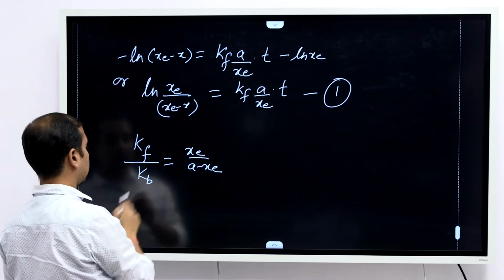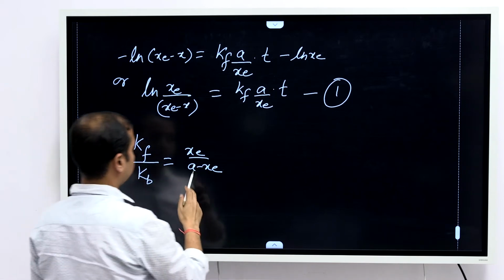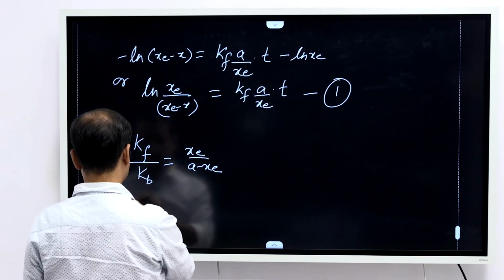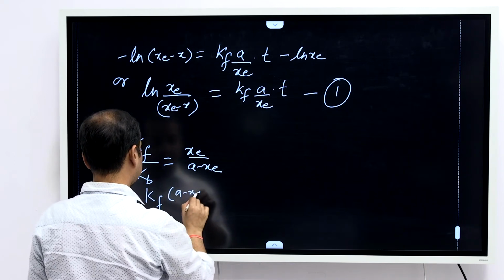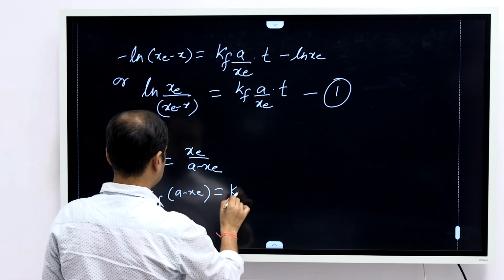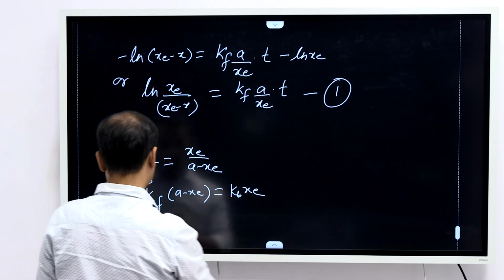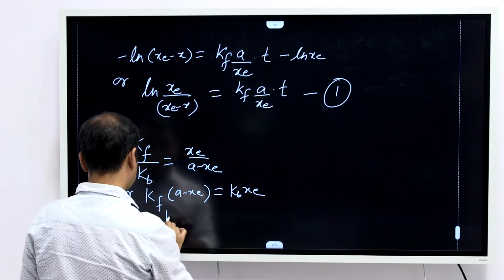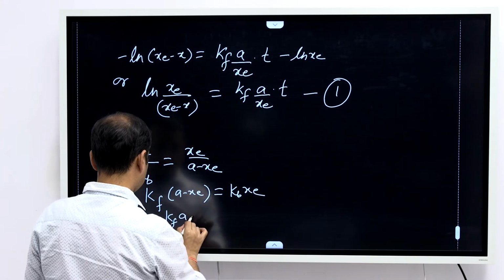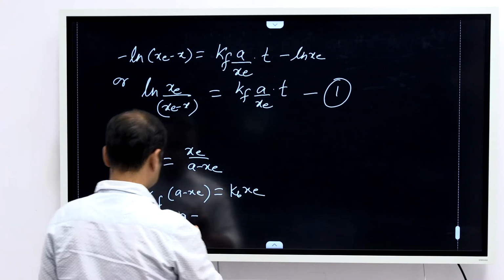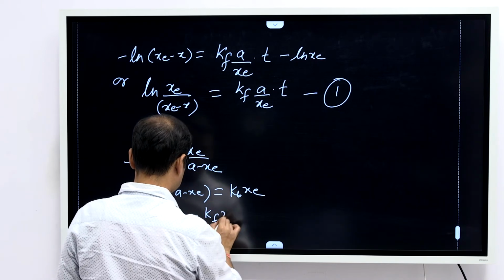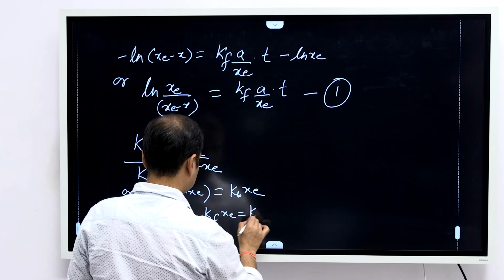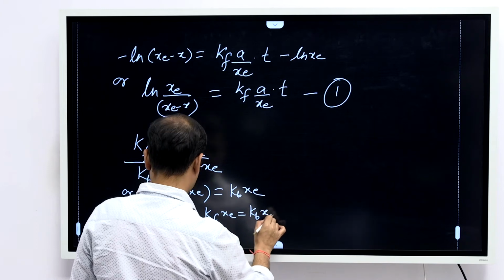So earlier we had kf upon kb is equal to xe upon (a minus xe). So now we get kf into (a minus xe) is equal to kb into xe, or kf into a minus kf xe is equal to kb into xe.